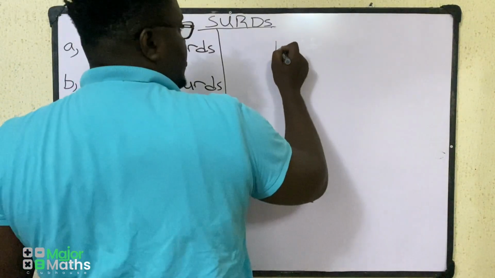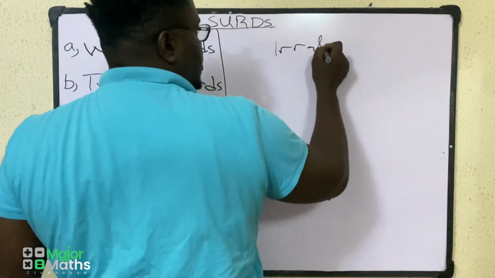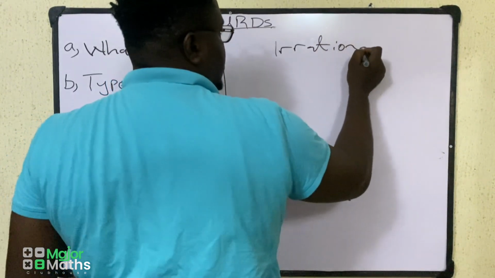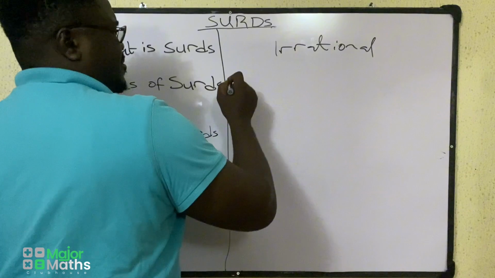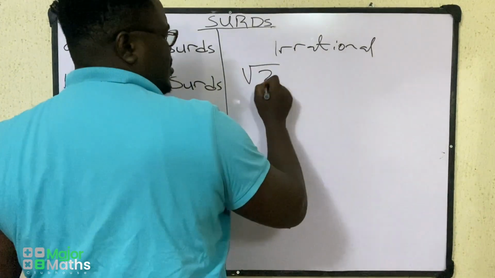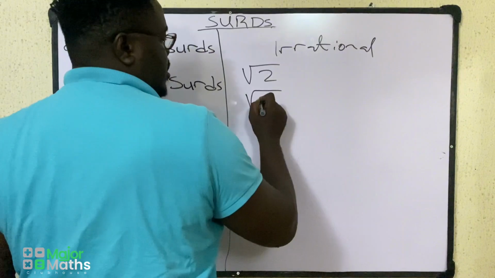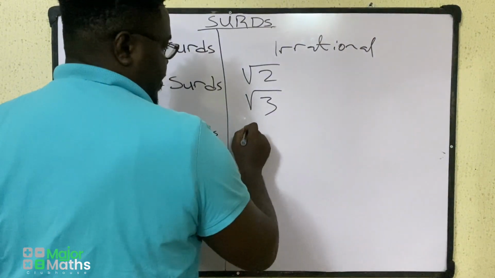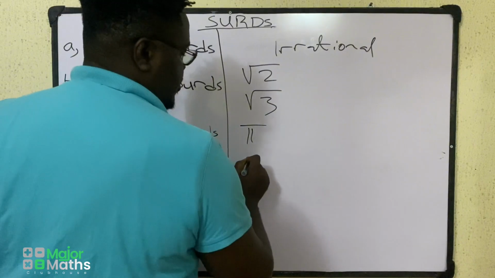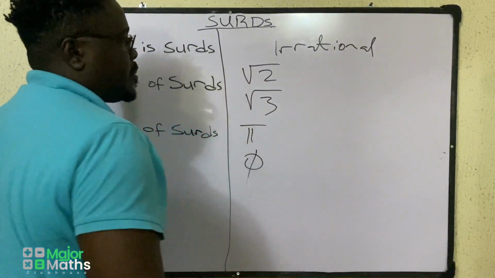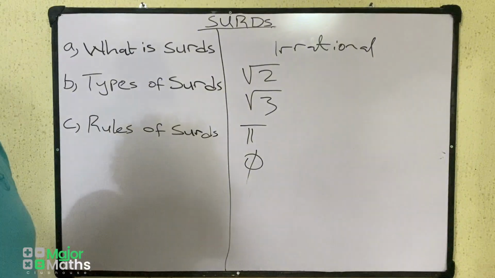For irrational numbers, we have root 2, root 3, pi, and there's something we call the golden ratio. All these are irrational numbers.